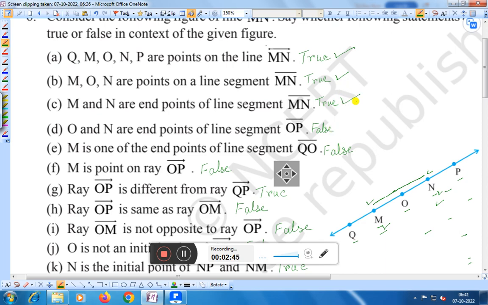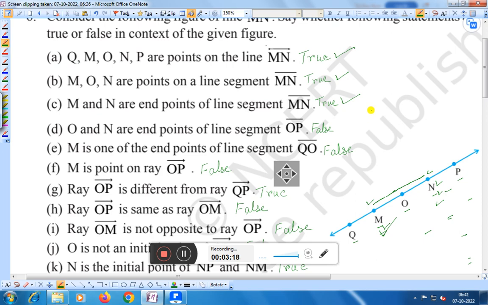Now, question number D. O and N are endpoints of line segment OP. Point M is here and point N is here. M and N are endpoints of line segment MN.